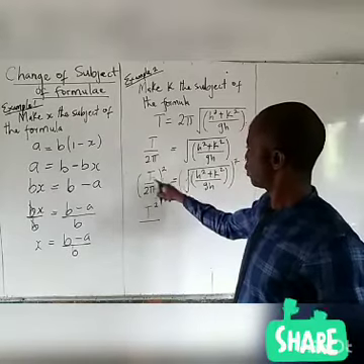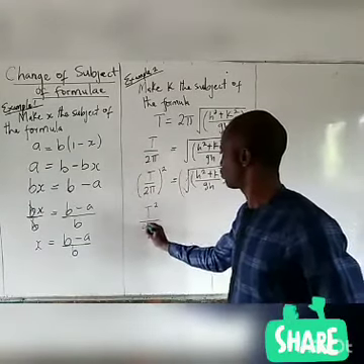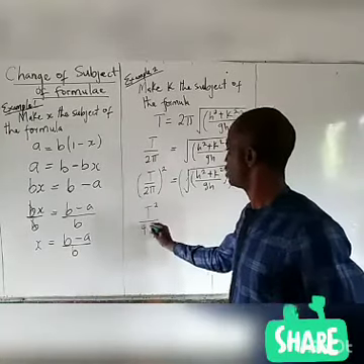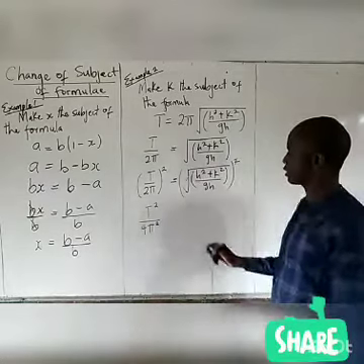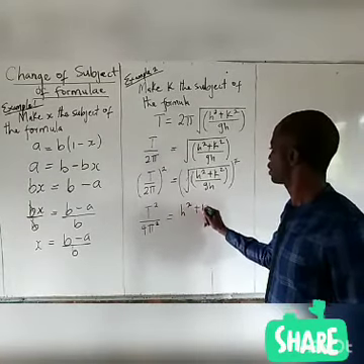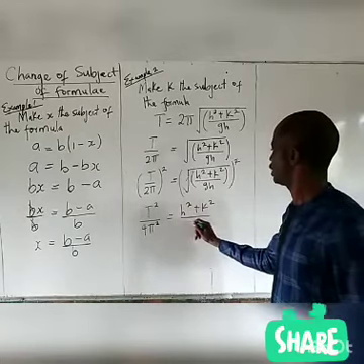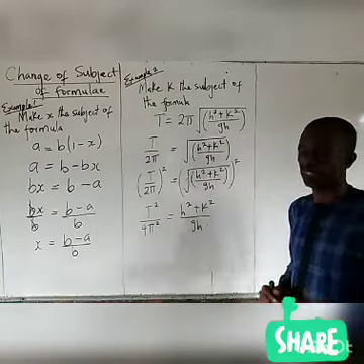We got t squared from t raised to power 2, 2 raised to power 2 is 4, and pi raised to power 2 is pi squared. Now on the other side, we'll be having h squared plus k squared all over gh. That is what we'll be having from there.